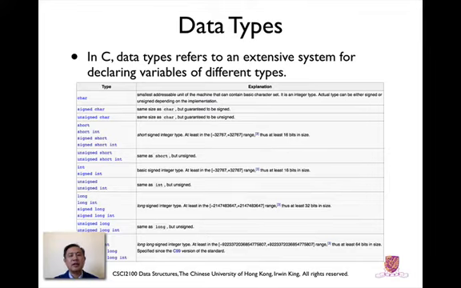For example, some of them are within the range of 256. Some of them are within the range of minus 32,767 to the positive 32,767.